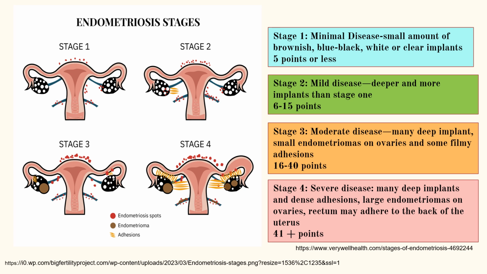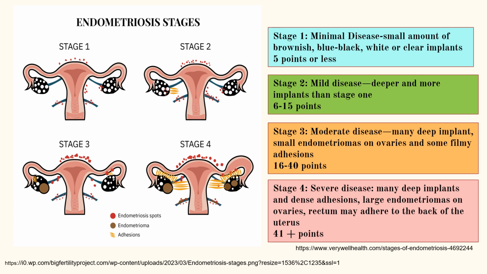One's called the Enzian classification system that uses imaging to choose between 8 different designations. And then the Endometriosis Foundation of America classifies the disease based on its location within the pelvic and abdominal cavities by 4 categories. So there's lots of different ways that providers can stage this endometriosis.